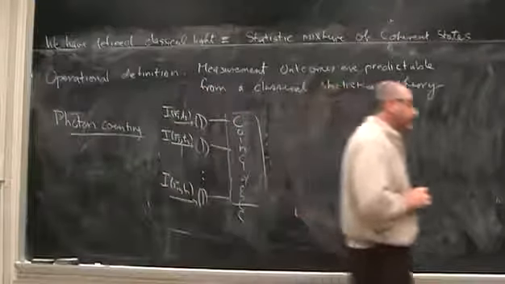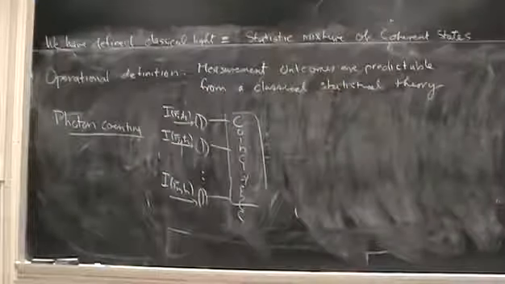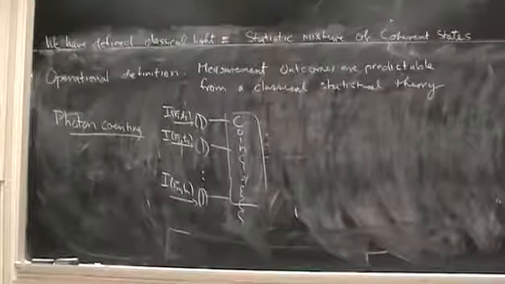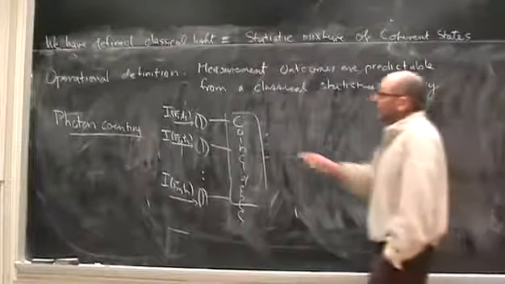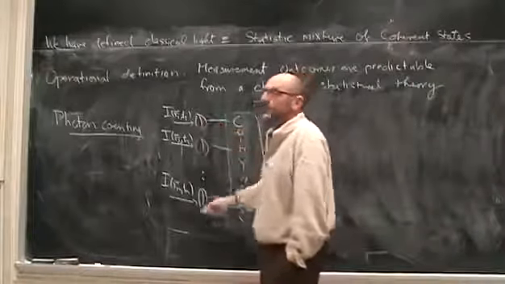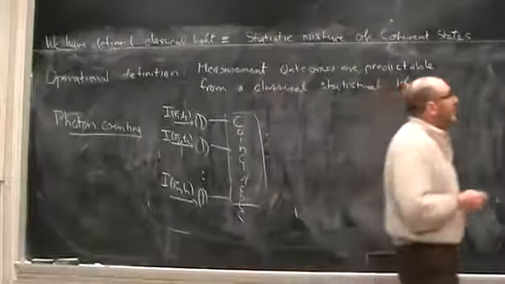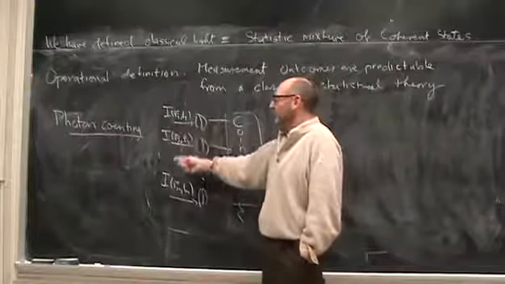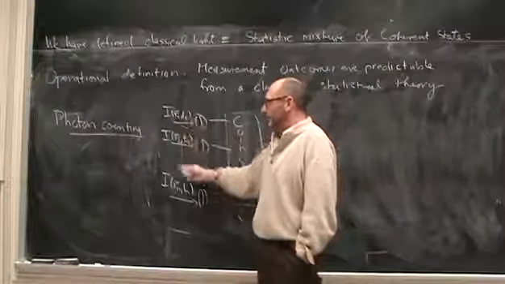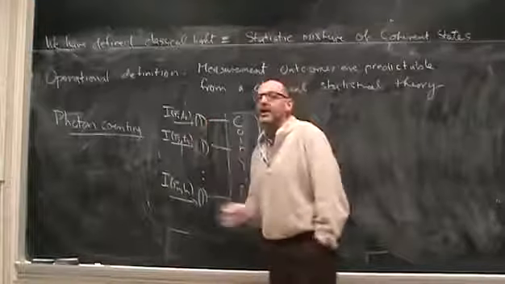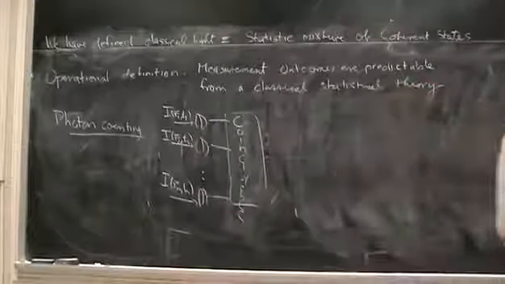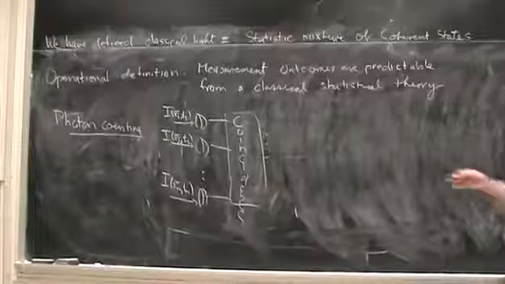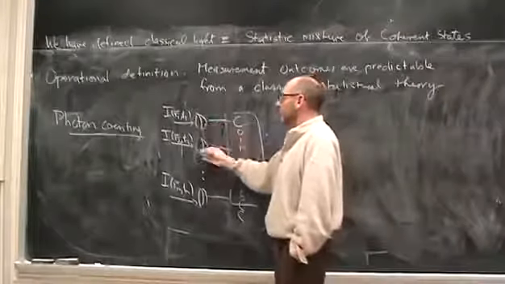And as we discussed last semester, we can understand the statistics of this photon counting from a purely statistical theory of random light coming in, or purely coherent light coming in, where all the randomness in the photon counting was due solely to the matter.